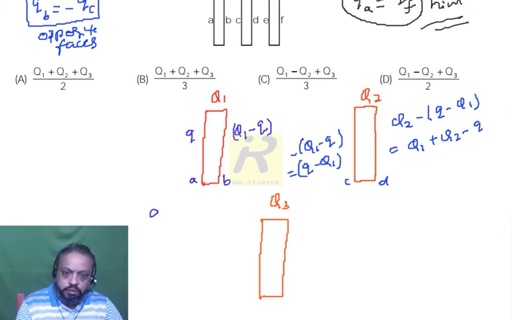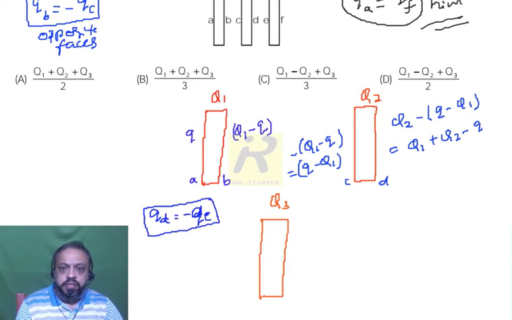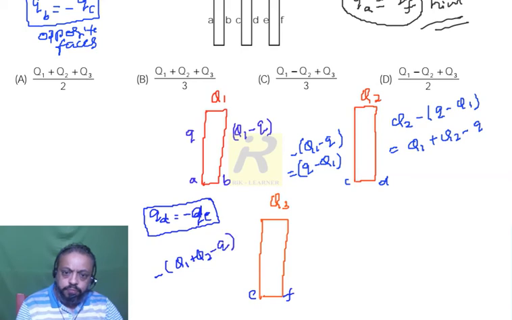The hint is that QD must be equal to minus QE. The charge on this side must be equal to the charge on the other side but opposite in sign. That means on side E, I should write minus of Q1 plus Q2 minus Q. So this should be the amount of charge on this side.